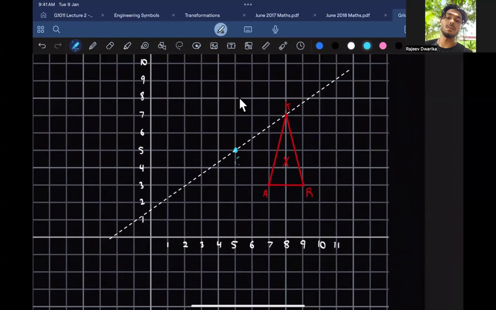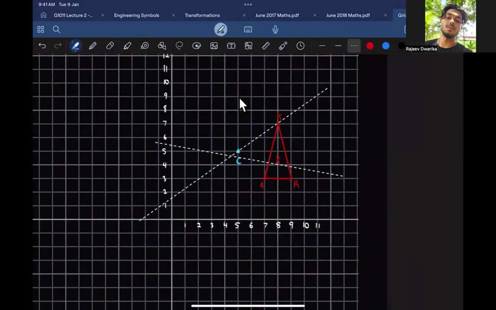This is the center of enlargement. What do you think I'm going to do next, Alicia? So I connect K to C. What else do I have to do? You're going to do the same thing for R. Same exact thing for R.